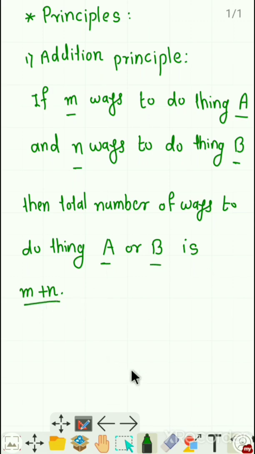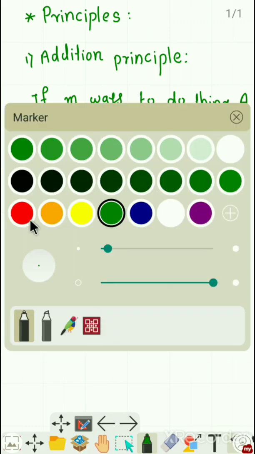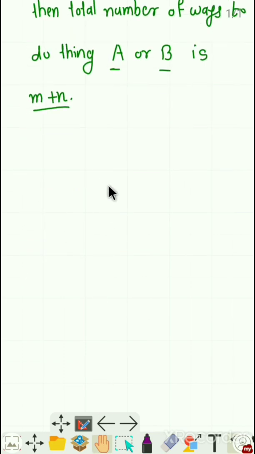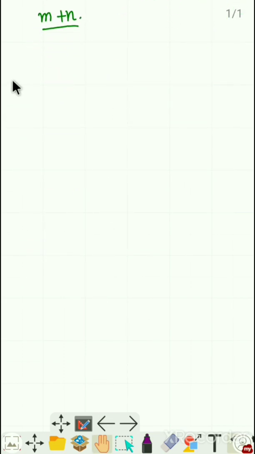Okay, now the second principle is called the multiplication principle. So we write the second principle, the multiplication principle.